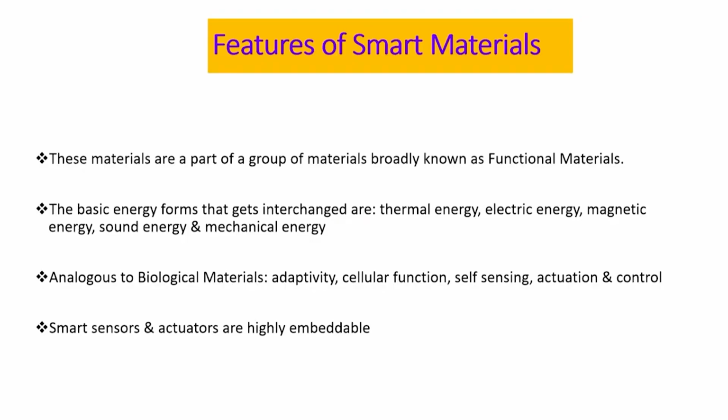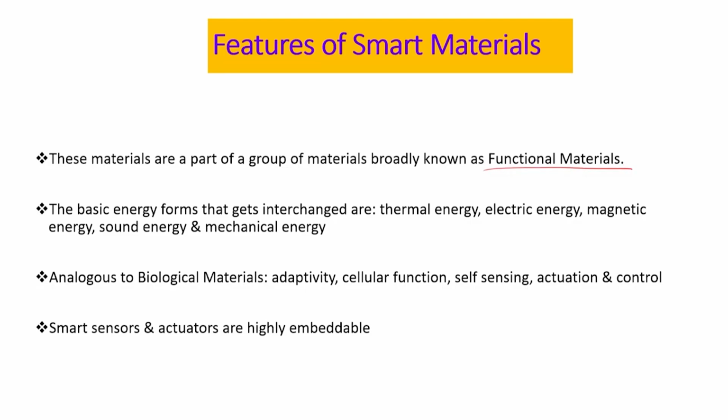So, we are coming to a new domain now, and these are much more powerful types of sensors, and we will call them smart sensors. These materials are part of a group of materials which are known as functional materials. And what these functional materials do is that they interchange energy.